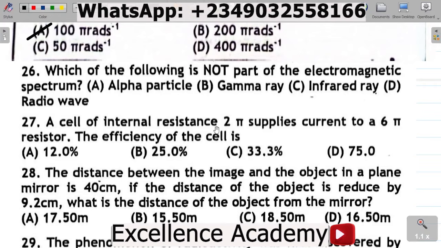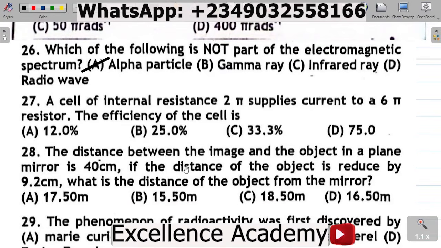You have number five, X-rays. You also have infrared. You also have UV rays. So with all of this mentioned here, you want to also note that alpha particle is not part of it. Gamma rays has been mentioned, infrared rays is there, radio wave is there, but alpha particle is not there. So alpha particle is not part of the electromagnetic spectrum.